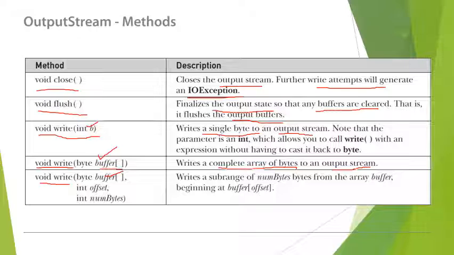As we see in the input stream, similarly in this also we can write a sub-range of bytes from the array buffer. That is, we can give the range. So as already said, we can give an offset address and a number of bytes in the OutputStream methods.